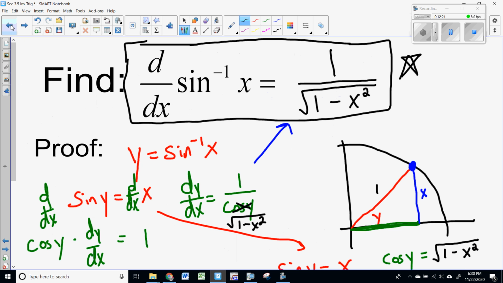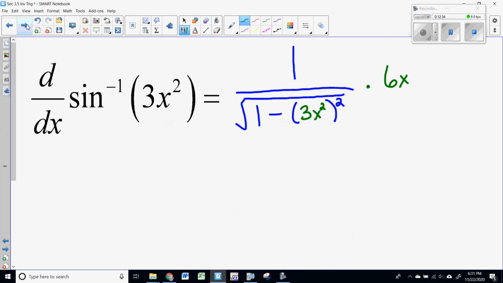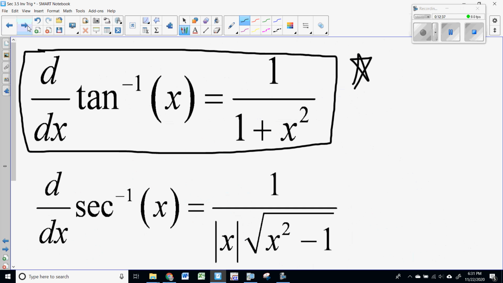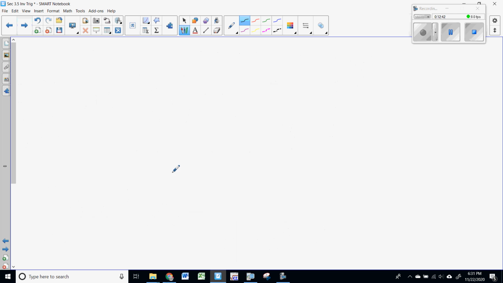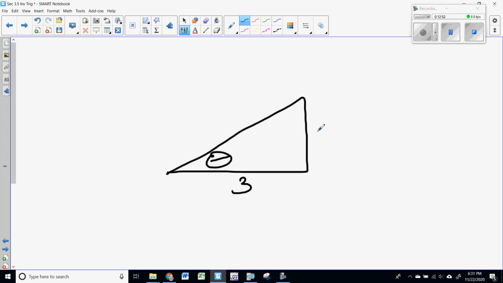And where these really come up is when we start looking at application problems and you're dealing with right triangles and SOHCAHTOA and those types of things, and you end up with these inverse trig functions when you're solving for angles, and we need to be able to take the derivative. So if you're given a choice that you can label something, for example, if I have some triangle and I want to find what theta is, and I have 3, b, I don't know, m, and I'm trying to write my equation with those variables, I know the inverse sine.